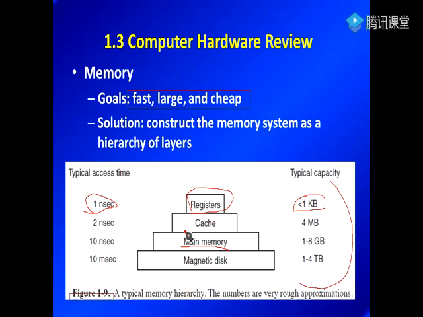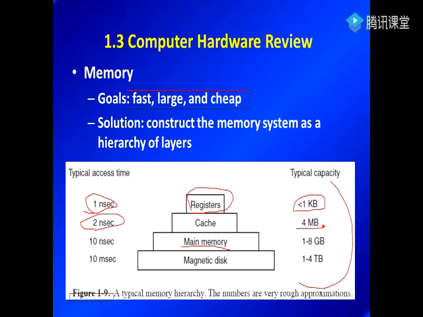And for the cache, you can see the access time to cache is pretty fast too, and it has more capacity. So cache is the layer between registers and main memory. Sometimes cache is a special part in the memory, but it has the support from the hardware to transfer the data over the bus.